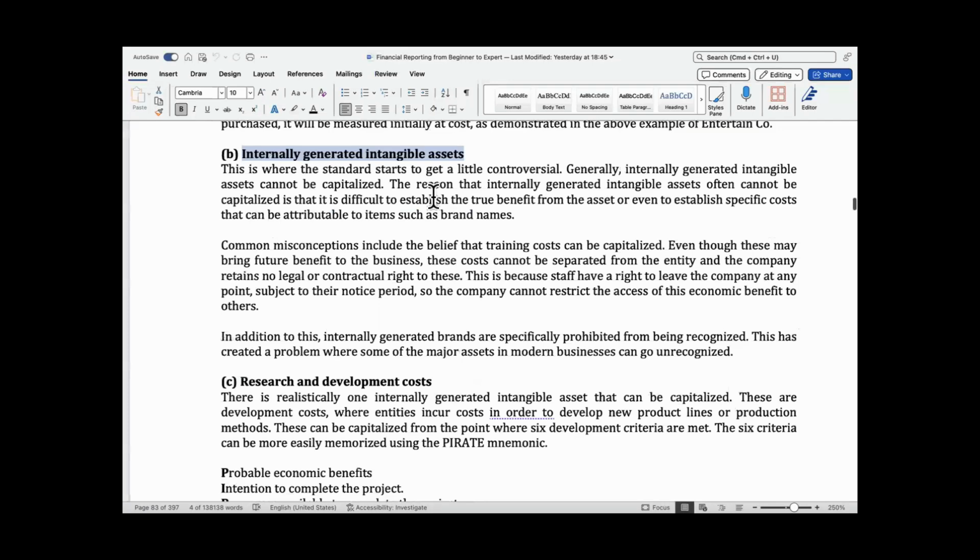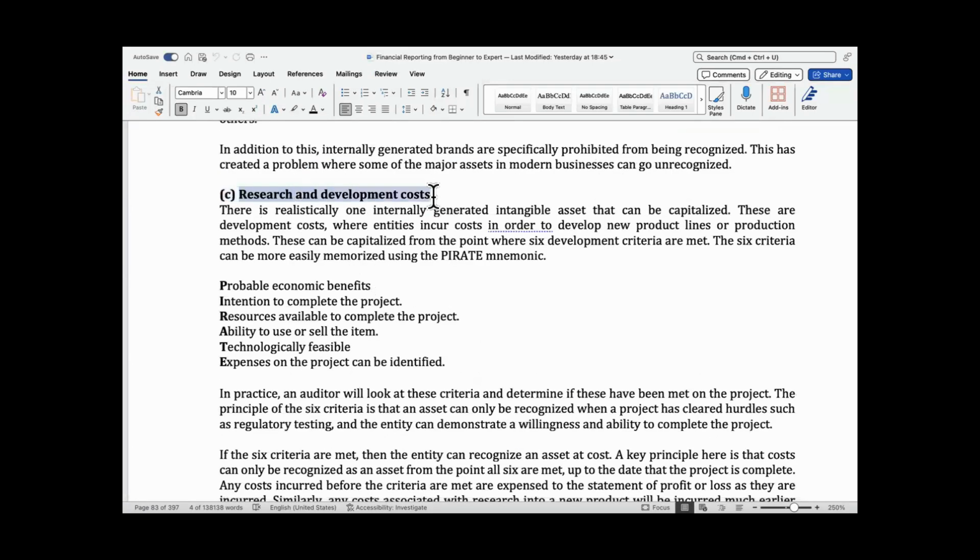Another one is research and development. It is another way in which you can originate an intangible asset. We have talked about purchased intangible assets. We have talked about internally generated intangible assets. Now we are talking about research and development. This research and development is very similar to internally generated, because it relates to a scenario where we are developing an item in-house.